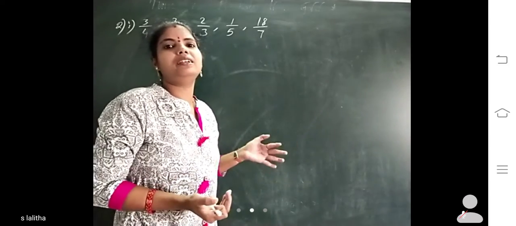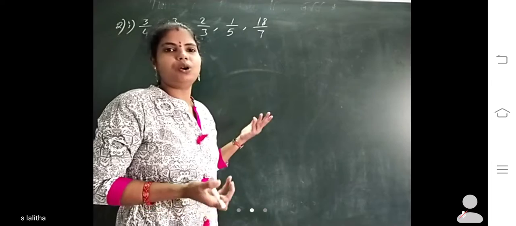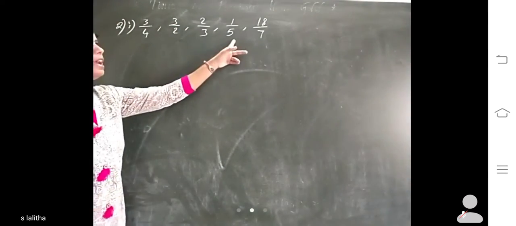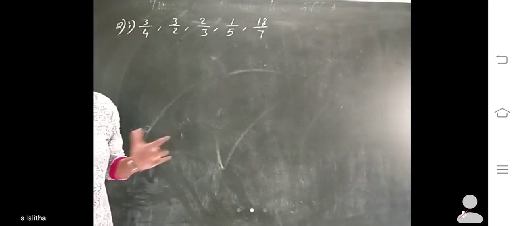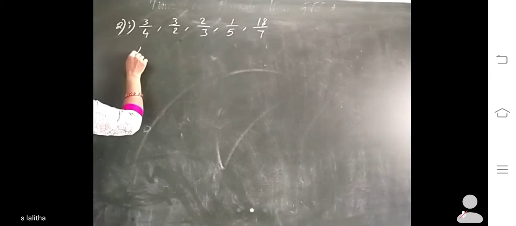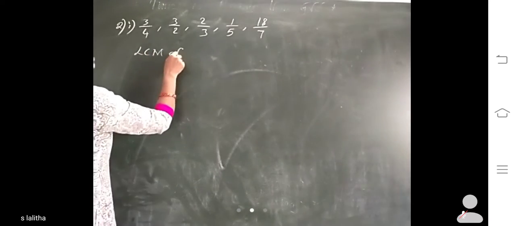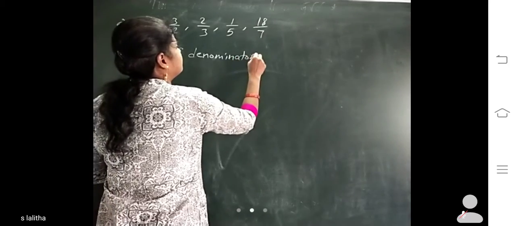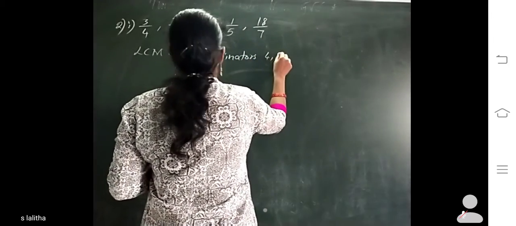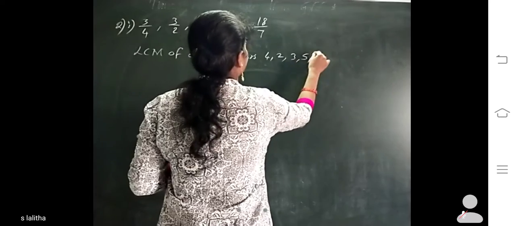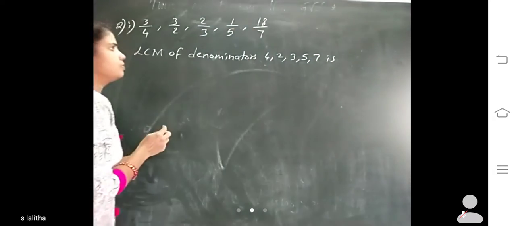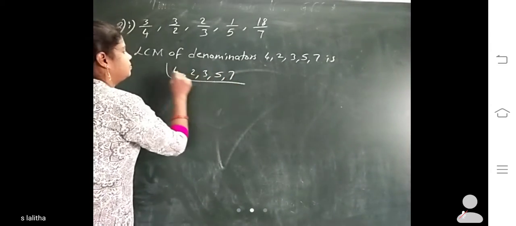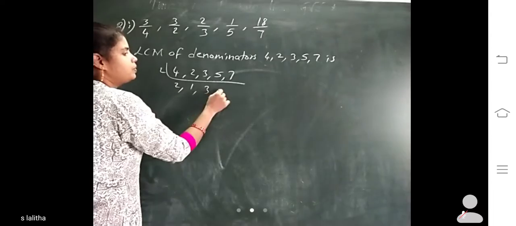Then how to find the ascending order? First you have to find the LCM of the denominators. Find the LCM of 4, 2, 3, 5, 7. 2 twos are 4, 2 ones are 2, then 3, 5, 7.